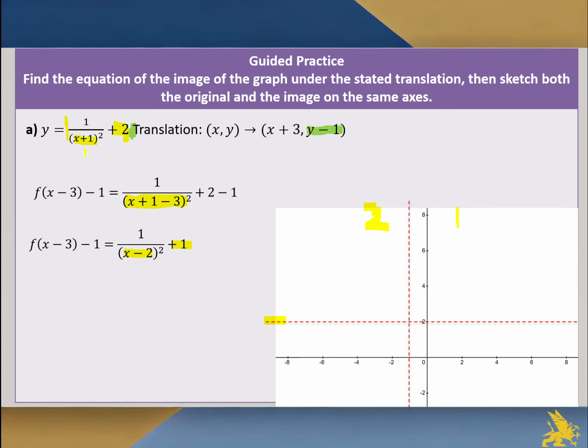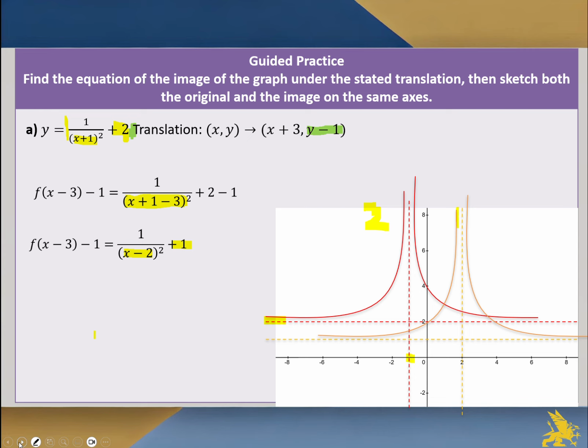And I've got the original asymptote at x equals negative 1, which is right here. So now I've got my original function asymptotes. I'm just going to draw them in. The next part is I'm going to put in the asymptotes I just mentioned before of my new function. We can see this is now at x is 2 and y equals 1. And then I'm just going to draw in my function. So we can see the difference.